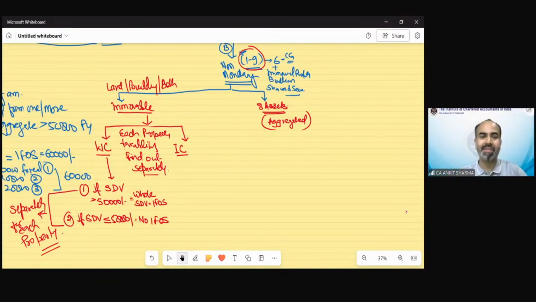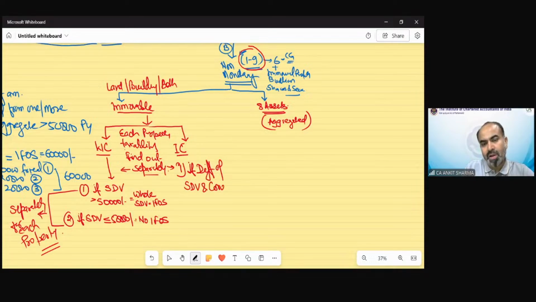Now the second case is interesting. Inadequate consideration. In this case also we have to find it separately. In all those cases we have to find it separately, but the concept is different. It says if the difference of stamp duty value and consideration, now there must be consideration because it is inadequate consideration.